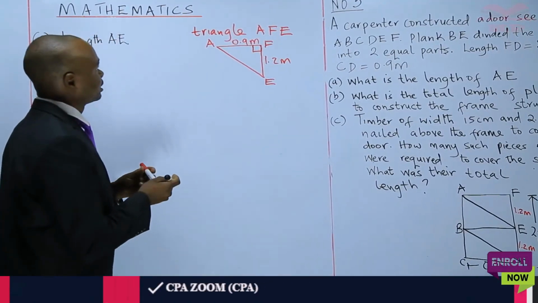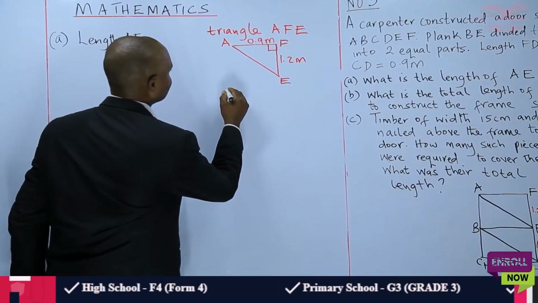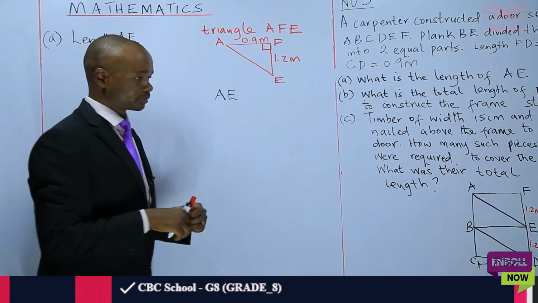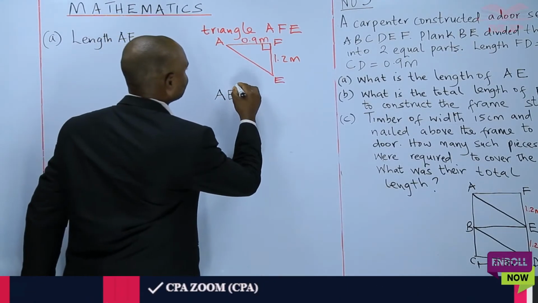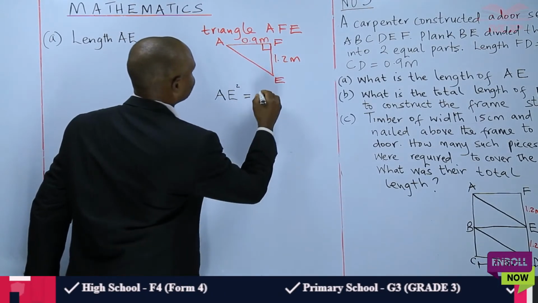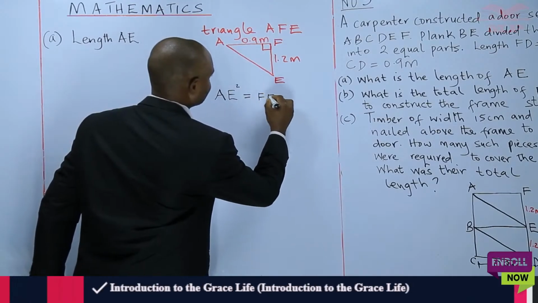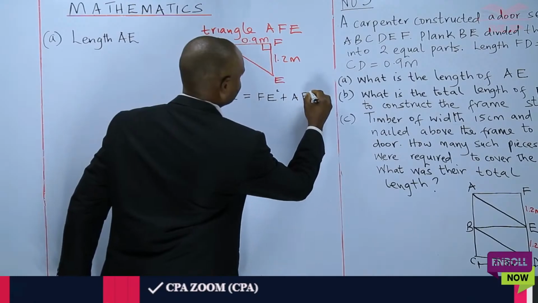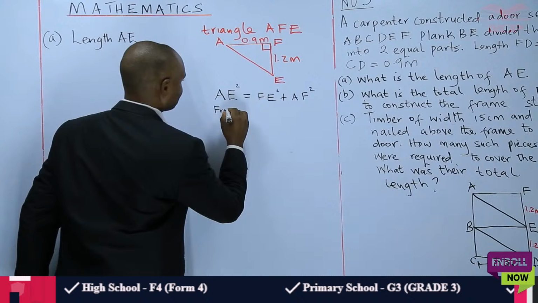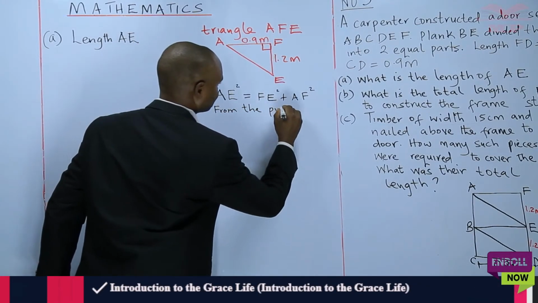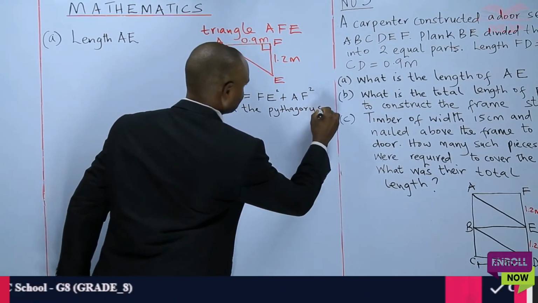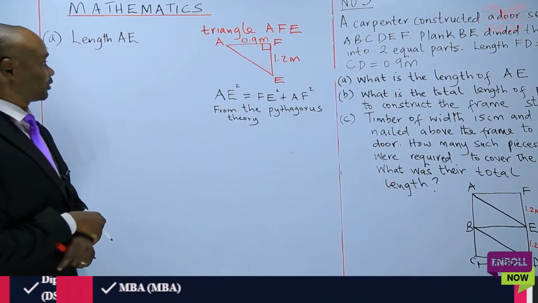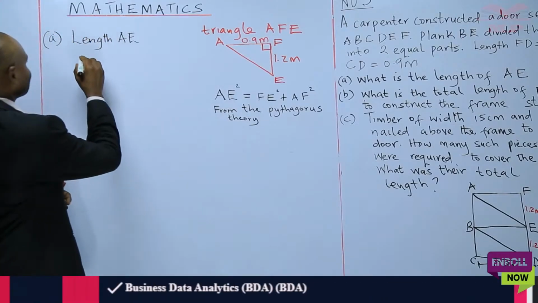So from our previous working, if this is a right-angled triangle, it will go without saying that from the Pythagoras theorem, AE squared will be equal to FE squared plus AF squared, from the Pythagoras theorem.